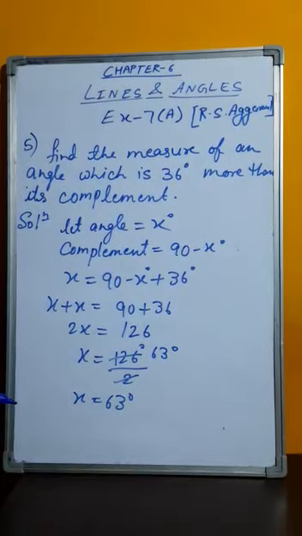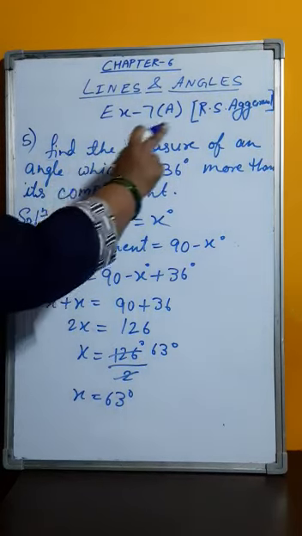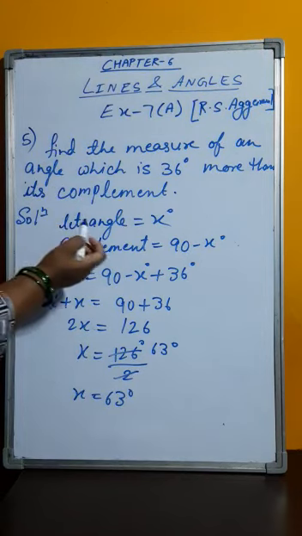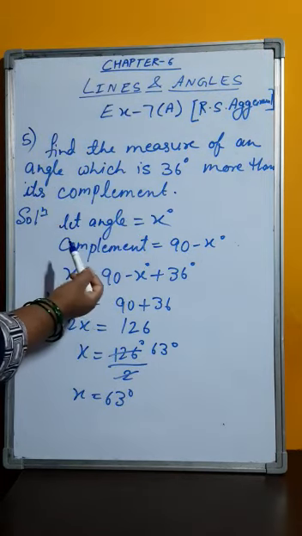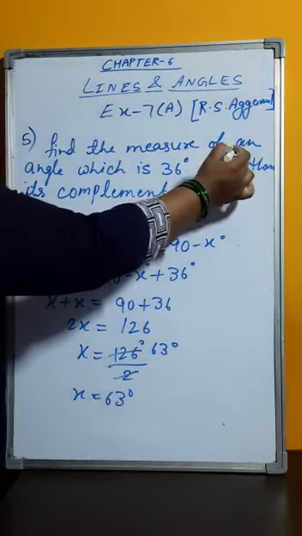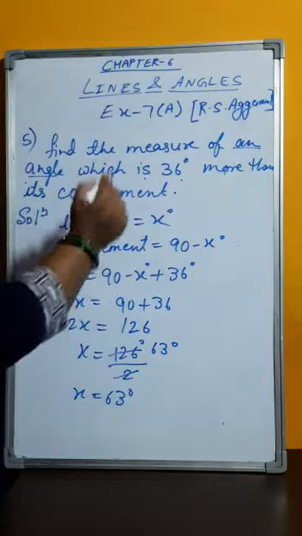Now student, question number 4, second part you can do. I am discussing question number 5. It is, find the measure of an angle which is 36 more than its complement. So we have assumed the angle as x, then clearly its complement will be 90 minus x. According to the question, the angle is 36 more than its complement.